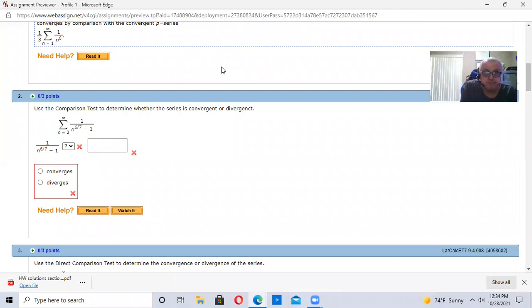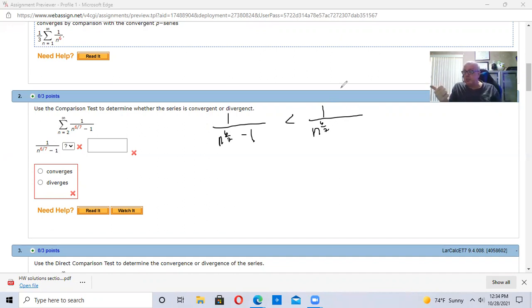Question 2. If we try to compare this, it's n to the 6 over 7 minus 1. And we want to know if this is smaller than the easier version, and the easier version is just 1 over n to the 6 over 7. 2 times 2 is 4, times 2 is 8, times 2 is 16, 32, 64, 128.